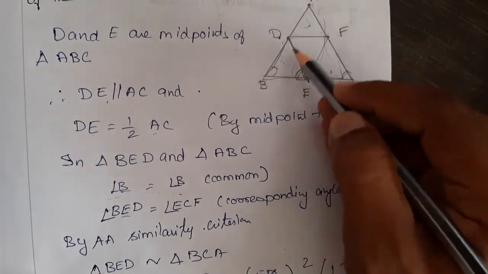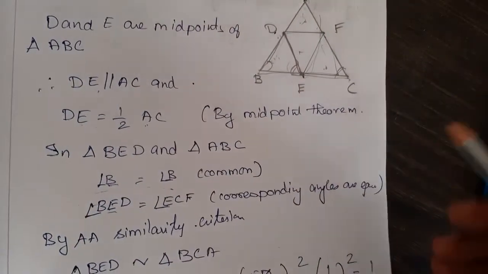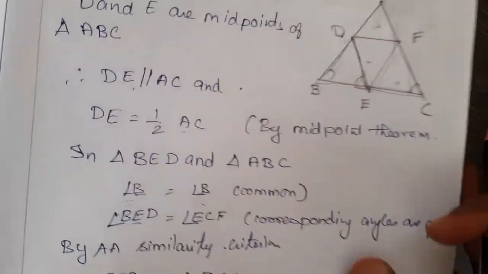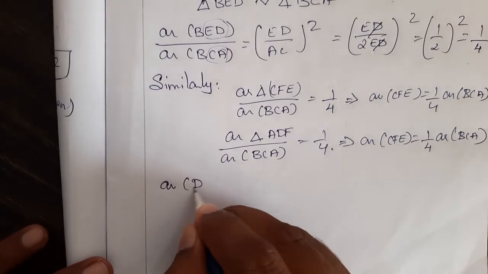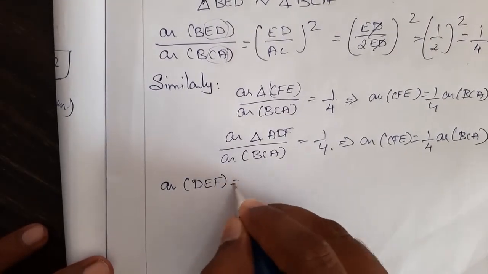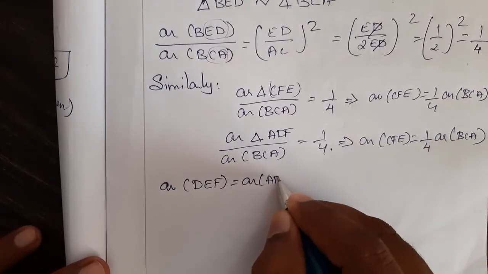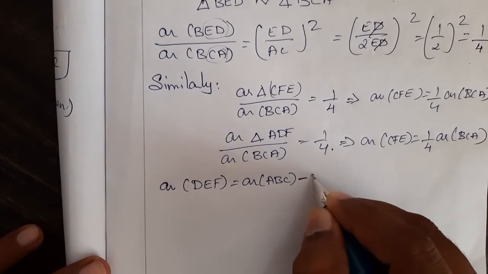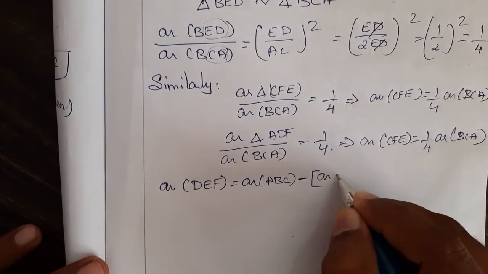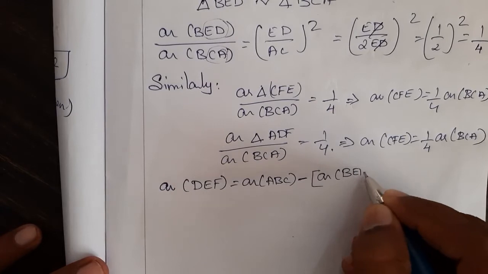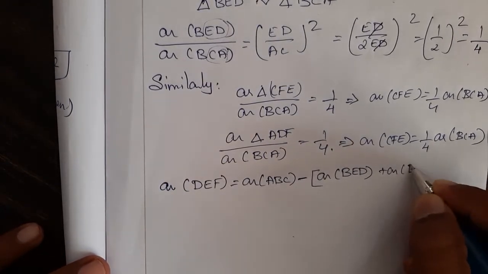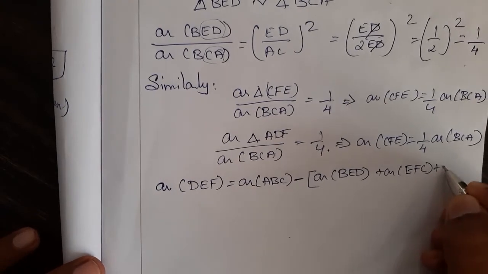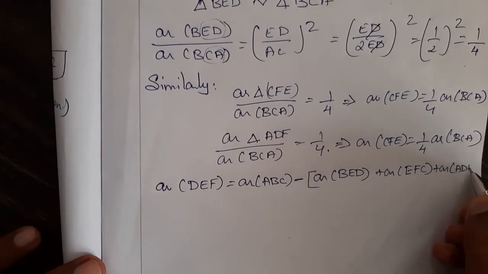So big triangle minus the small 3 triangles, we will be getting the inside central triangle DEF, right? So area of DEF is equal to area of the big triangle ABC minus the 3 small triangles, area of BED plus area of EFC plus area of ADF, right?